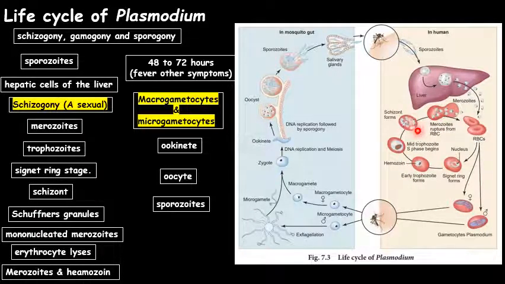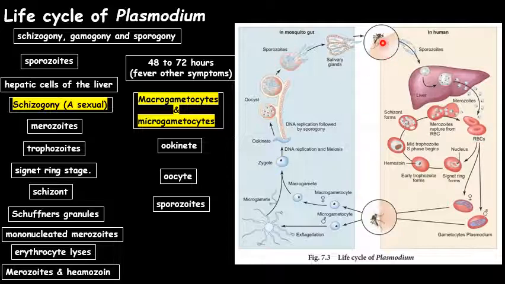When it multiplies too much, the red blood cell will rupture. That process we call erythrocyte lysis. When the cell is about to rupture, along with the merozoites, it also releases the hemozoin toxin, and the merozoites again go and infect other red blood cells.